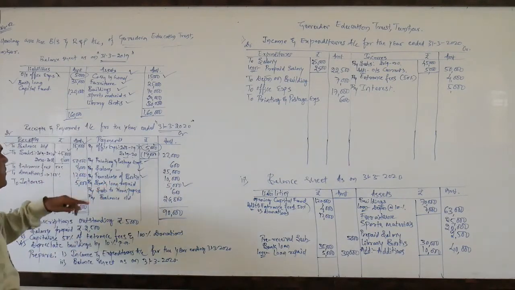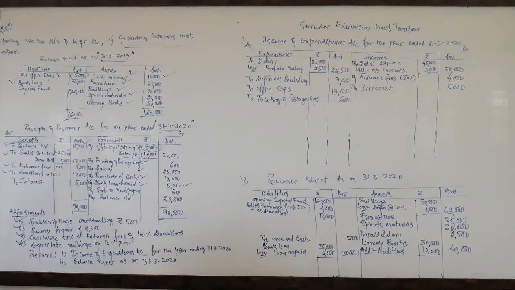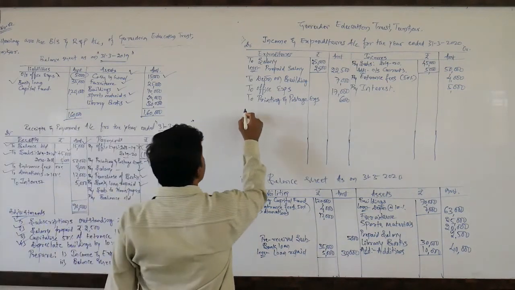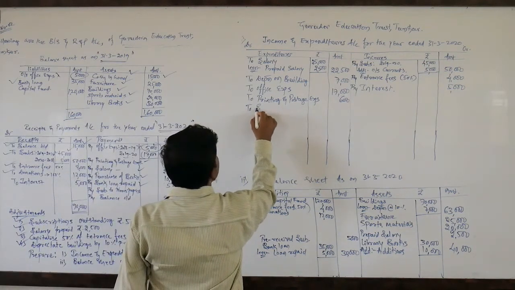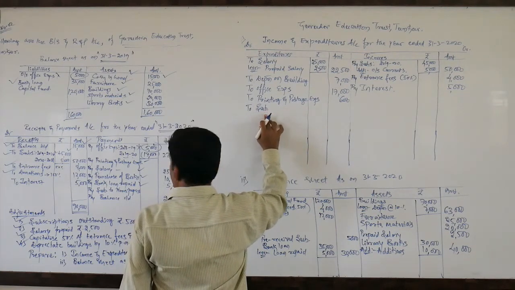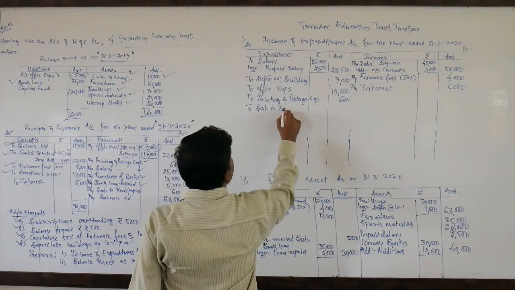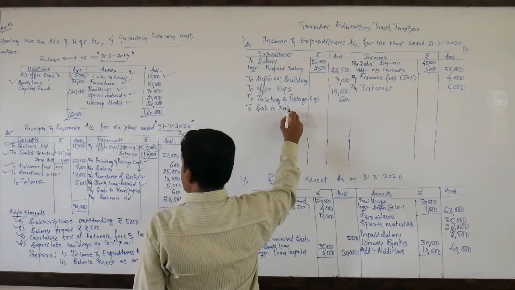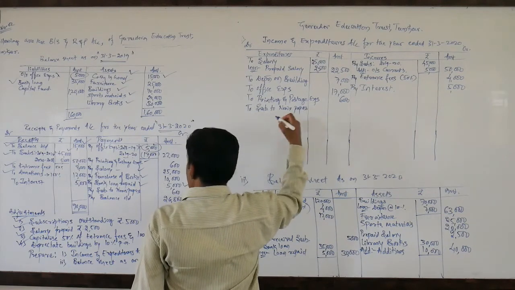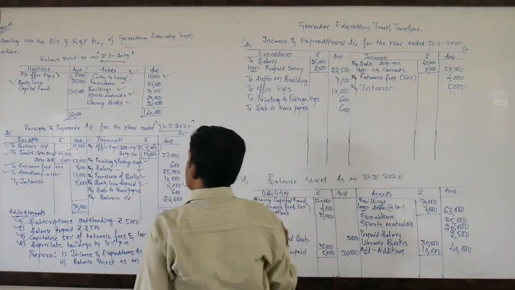Yes, the bank loan repaid, along with the adjustments and links, we have already solved. Subscriptions to newspapers, we need to write on the expenditure side. This is not an income, this is an expenditure. Subscriptions to newspapers and periodicals, rupees 600.